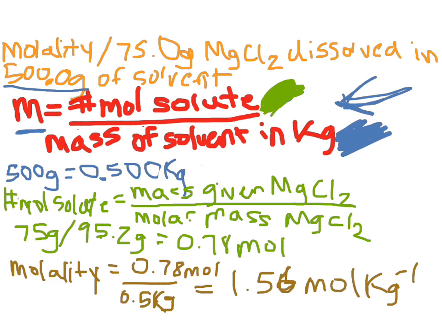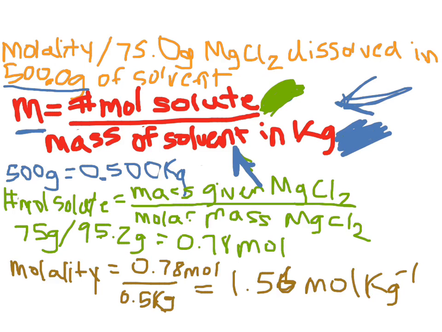Okay, then I have to find the number of moles of solute, for which you're going to take the 75 grams, because the one at the bottom, the 500 grams, says 500 grams of solvent. So you had to use the solvent conversion, which is this one, for the solvent.